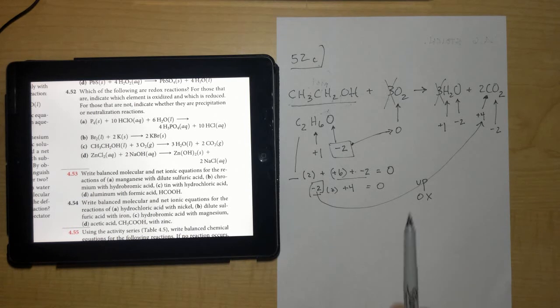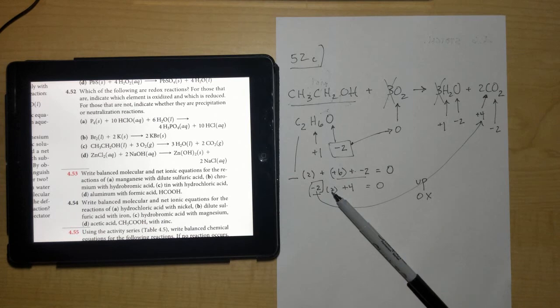Well, guys, I'm going to have to look this one up a second. I must have made a mistake in assigning the oxidation numbers.